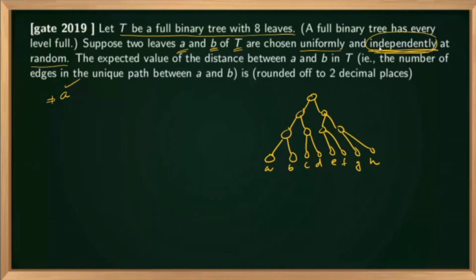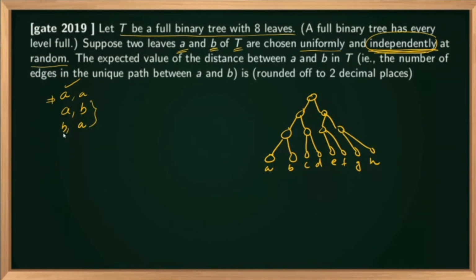So it is independent. Clear? It also means that the first draw you take A, then B, then A. This is also valid. These are not the same, these are actually different.